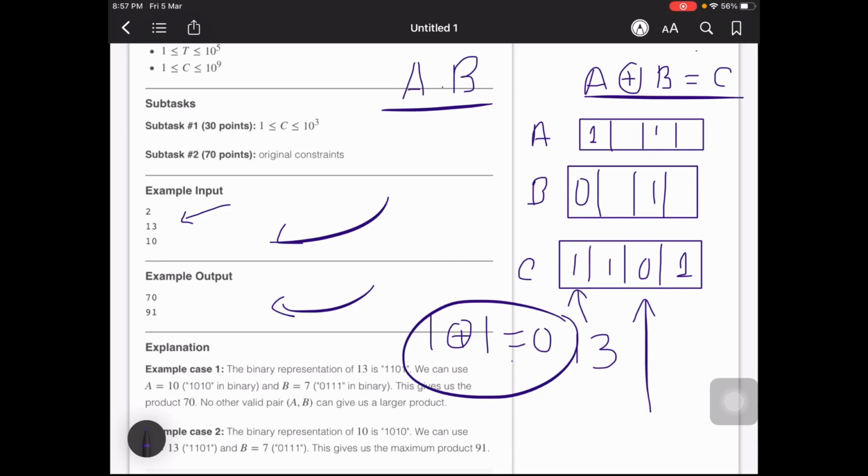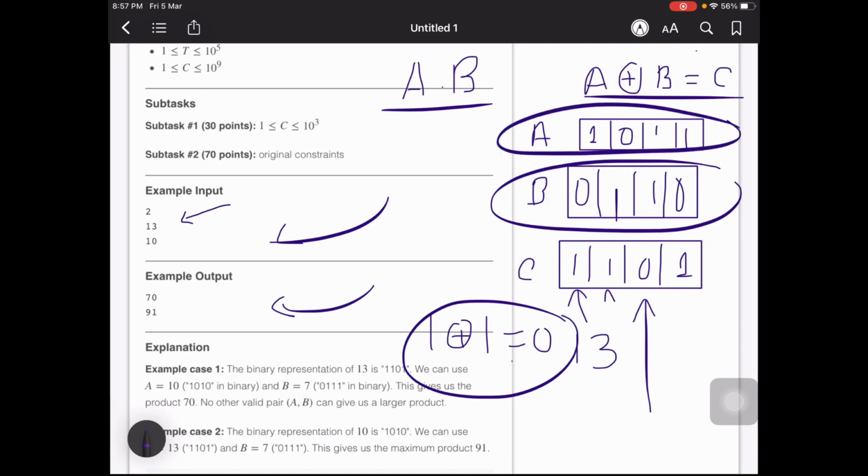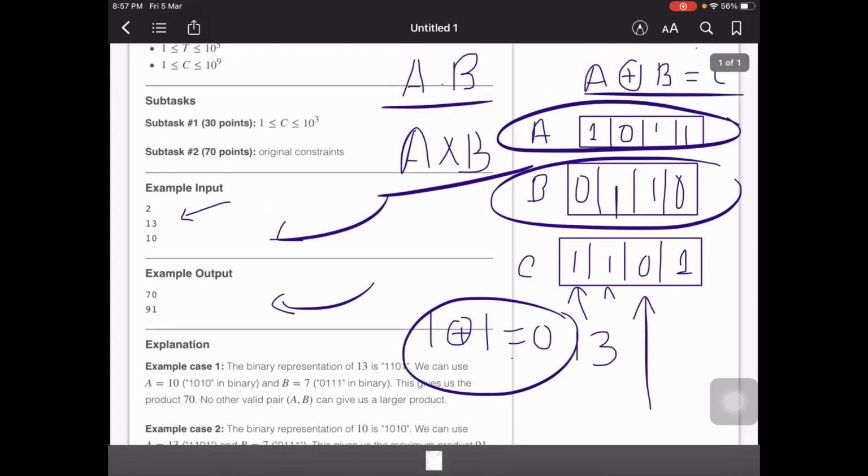You can also choose values like, if this is 1, you can choose 0 and 1, works fine. If this is 1, you can choose 1 and 0. So there are multiple ways of selecting the individual bits. You have to find such a and b such that a into b is maximum.